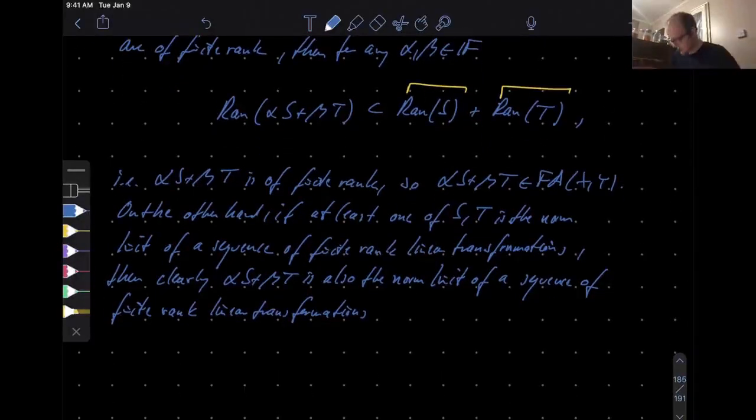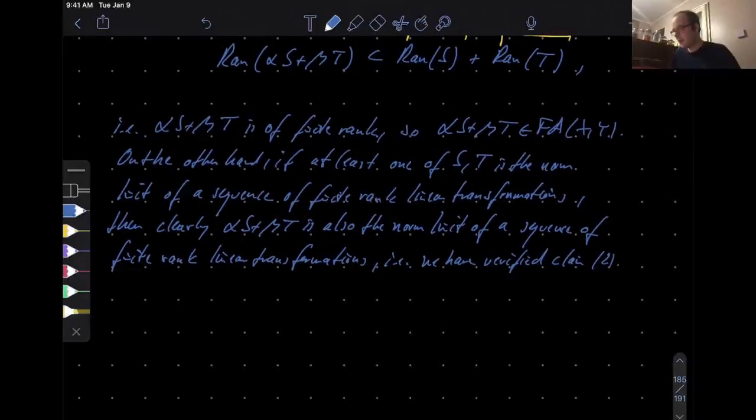All right. We have verified the second claim, that it is a norm-closed subspace. We have verified claim 2. Now, the ideal property, that is very easy, and again it uses knowledge from linear algebra.